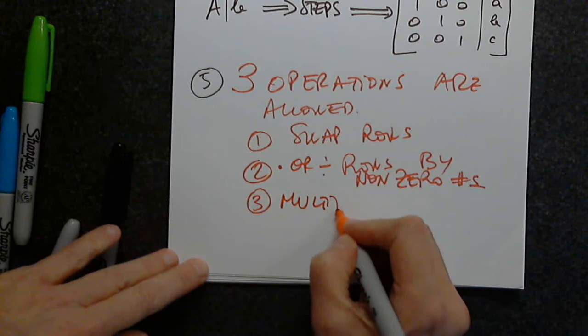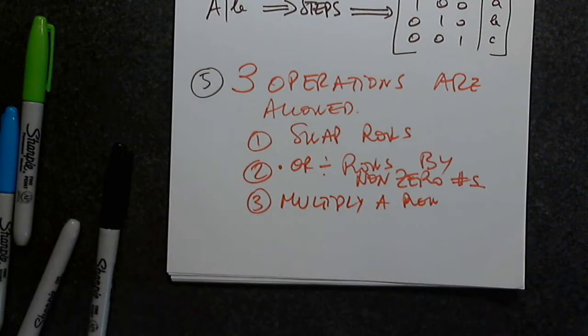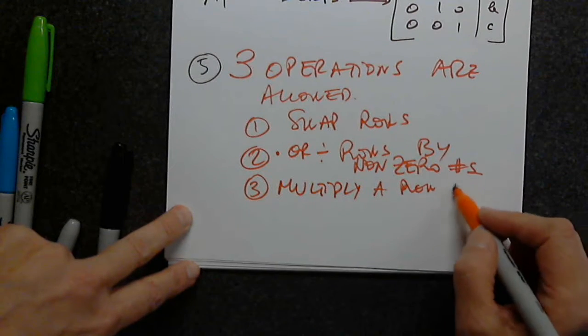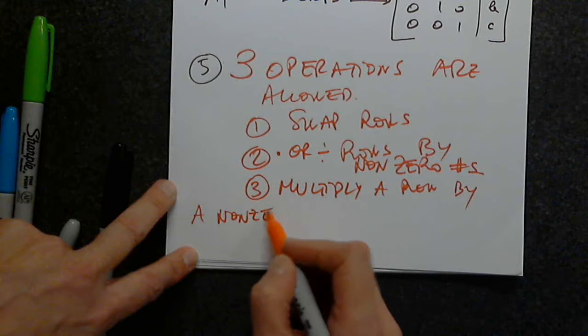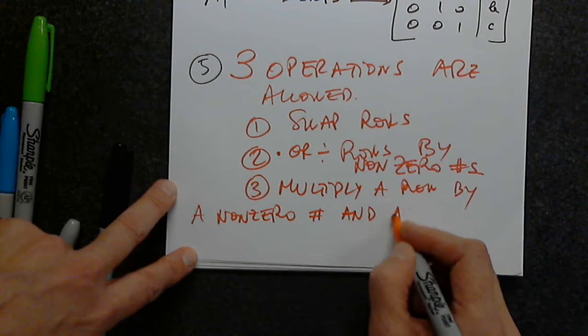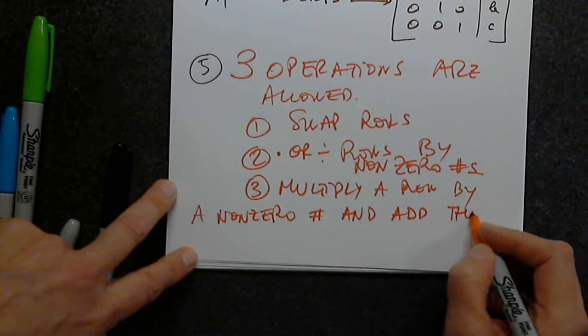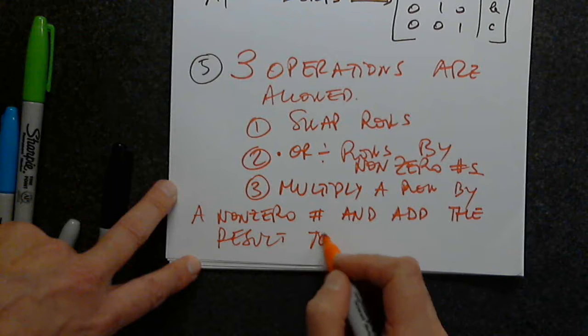Multiply a row, of course, by a non-zero number and add the result to another row.